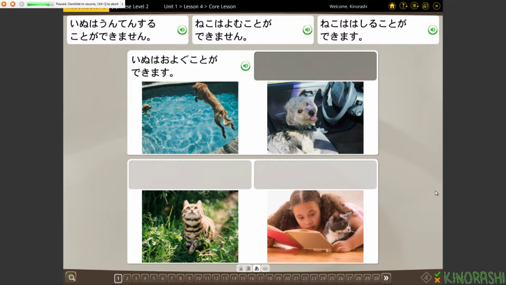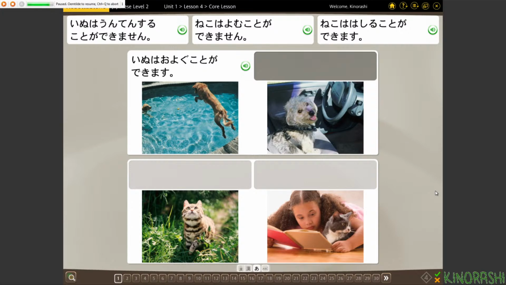I'm trying to think what that derives into. I think I've seen that from something. Let's see. Neko wa shiroi koto ga dekimasu. Or maybe yomu's from yonde.